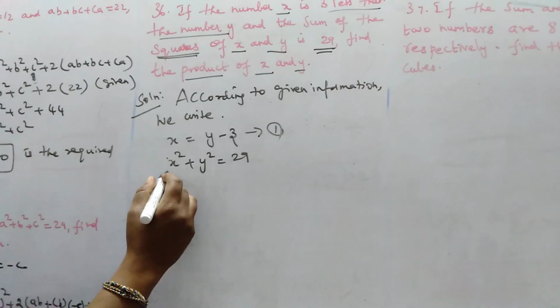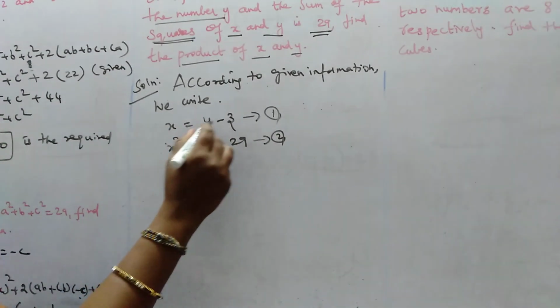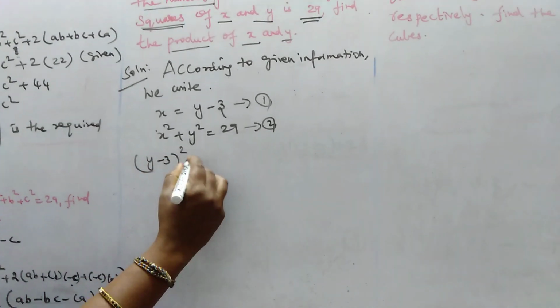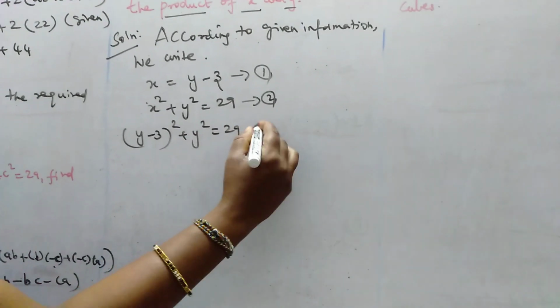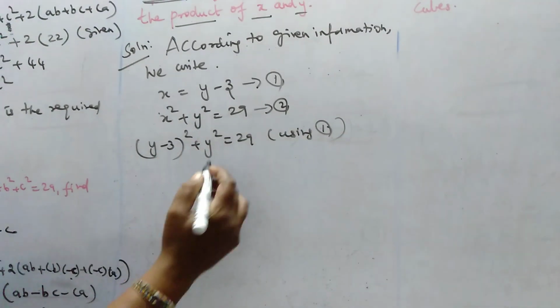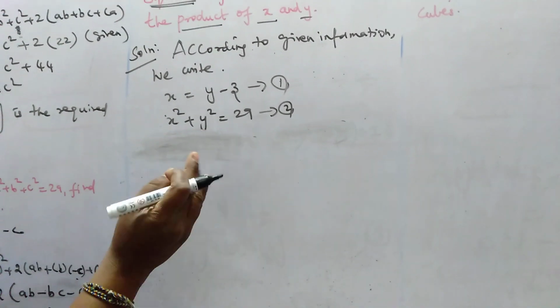Okay, what we are going to do here is substitute x value as y minus 3 in this. That is y minus 3 the whole square plus y square equals 29 using 1. We are substituting equation 1. Okay, we will go like that.